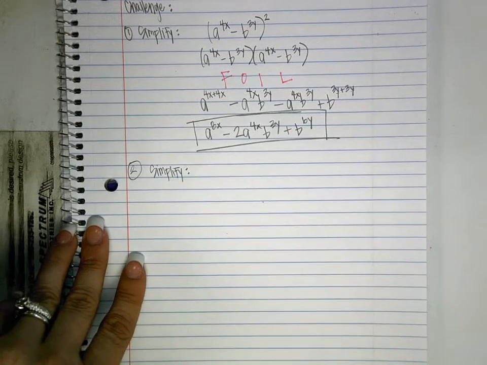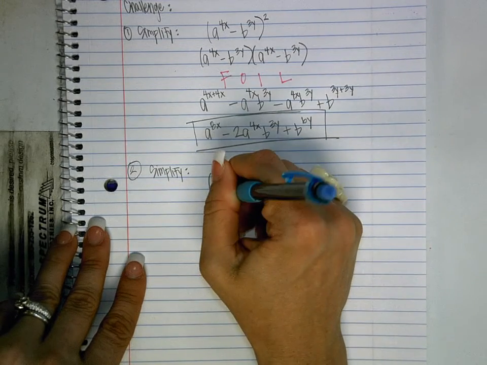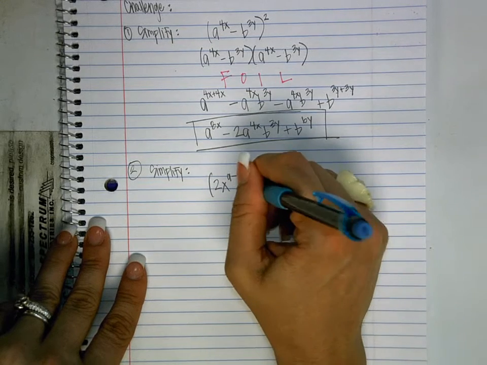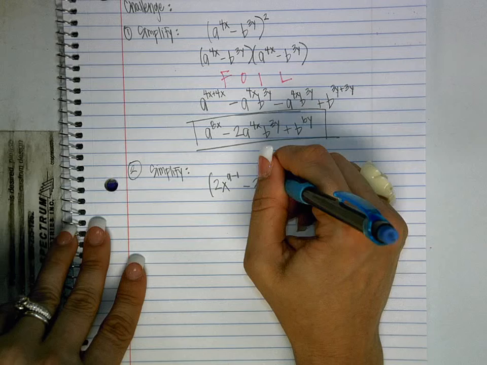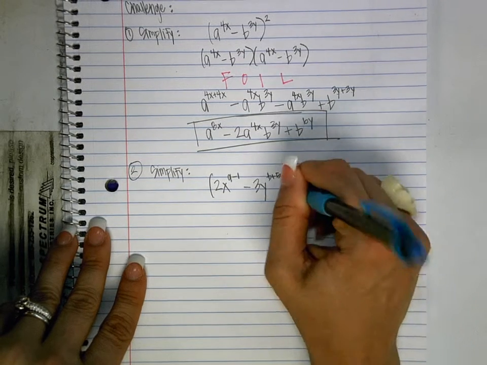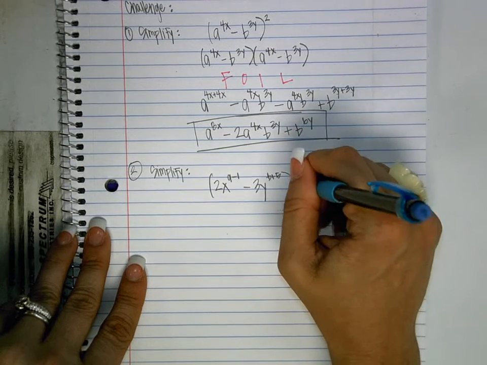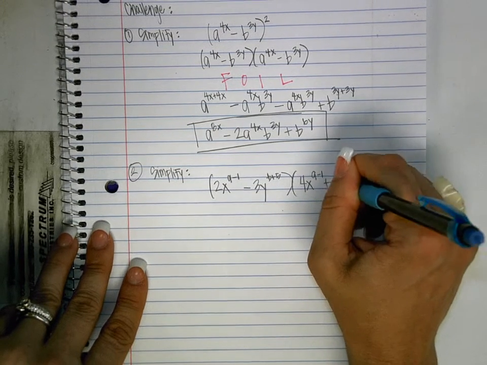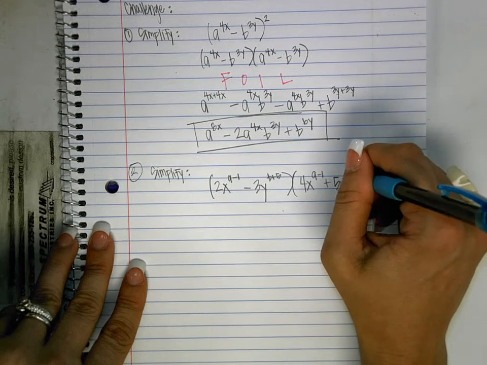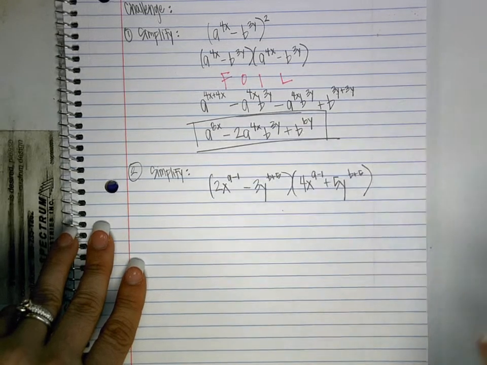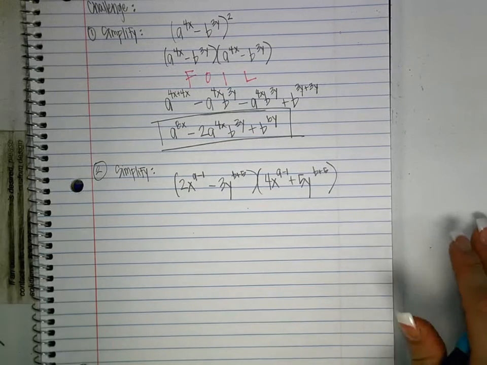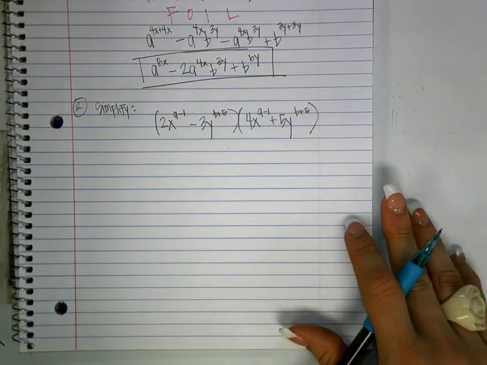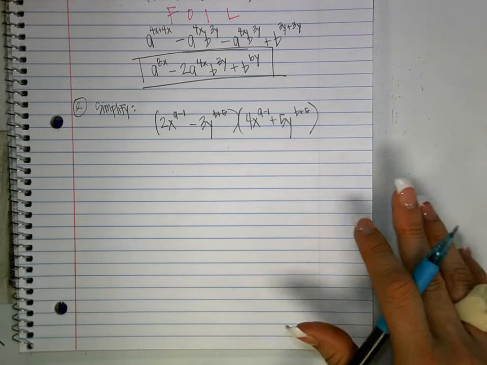Okay, I want you to simplify in parentheses 2x to the a minus 1 power minus 3y to the b plus 5 power multiplied by 4x to the a minus 1 plus 5y to the b plus 5. 2x to the a minus 1 minus 3y to the b plus 5 multiplied by 4x to the a minus 1 plus 5y to the b plus 5.